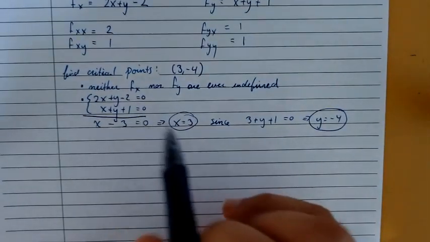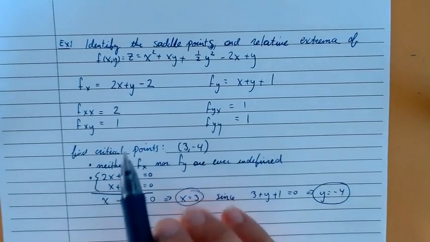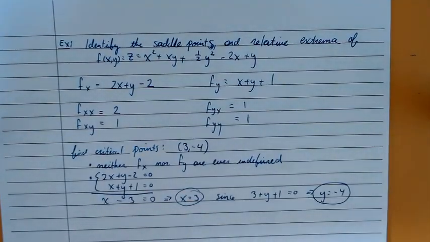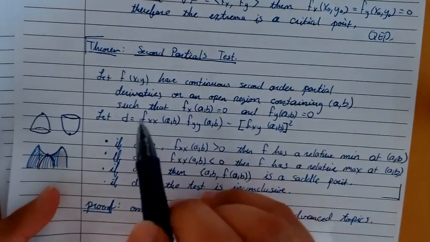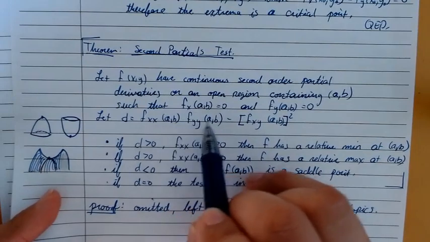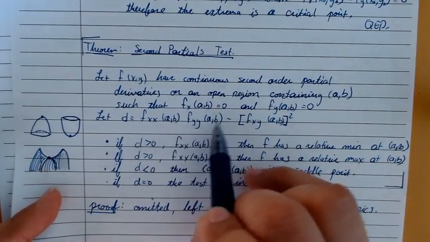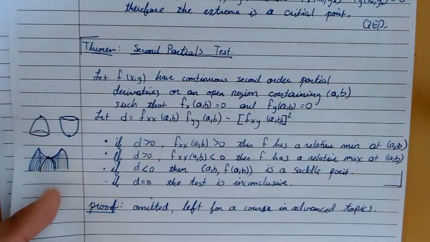Okay, so now let's go ahead and test this using our previous theorem. We're going to go ahead and find the value of D. Now, as we saw, we defined D. We're going to take the second partials, plug in our critical value, square and subtract.